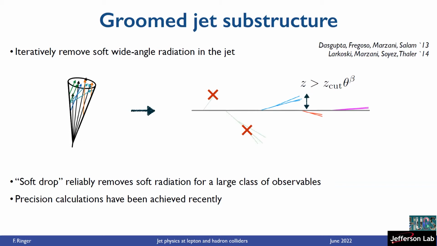So if I do this, I basically recover this idea that I started here with a quark, and I remove a bunch of soft stuff that is actually coming from outside the jet. And I then recover the hard core of the jet, right? And that's really what I want. Of course, you're also going to remove a little bit of the radiation that was actually coming from the initial quark, which we cannot distinguish on an event by event basis.